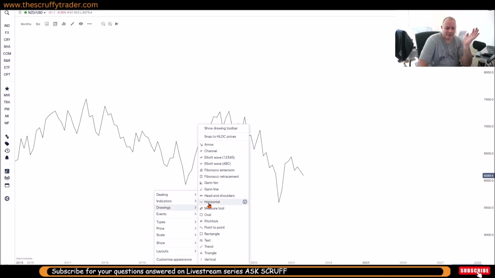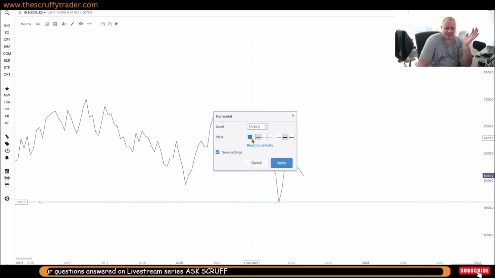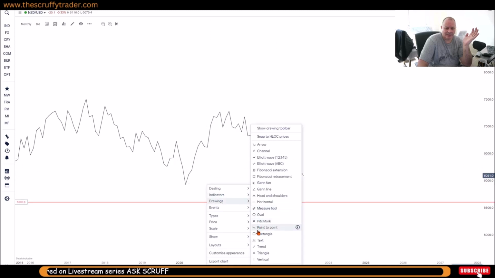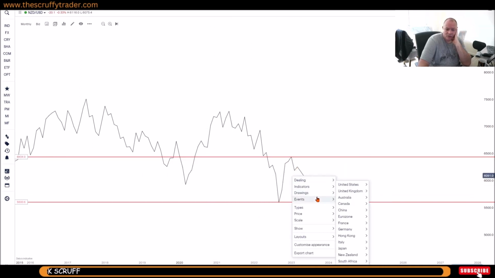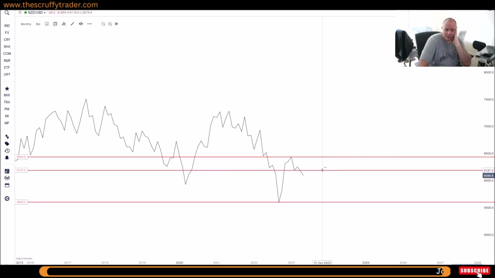Base that we can see, top that we can see. Very, very simple. Up, down. So the next level is probably the base of that.